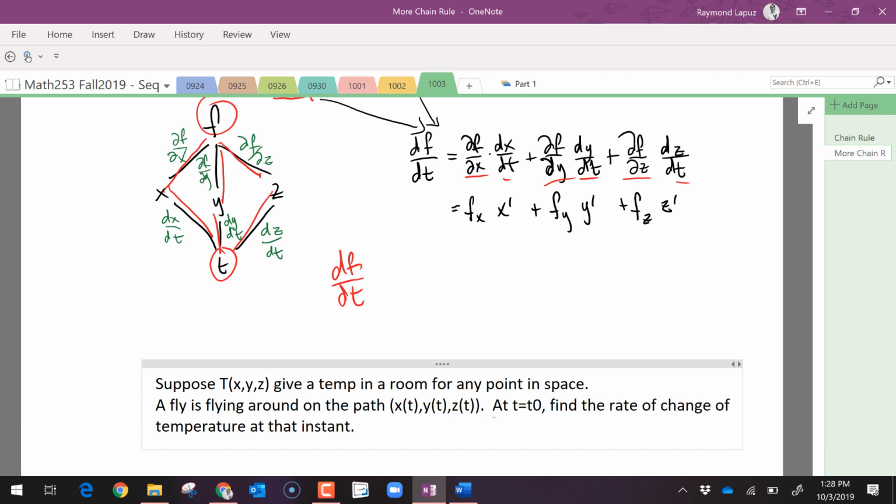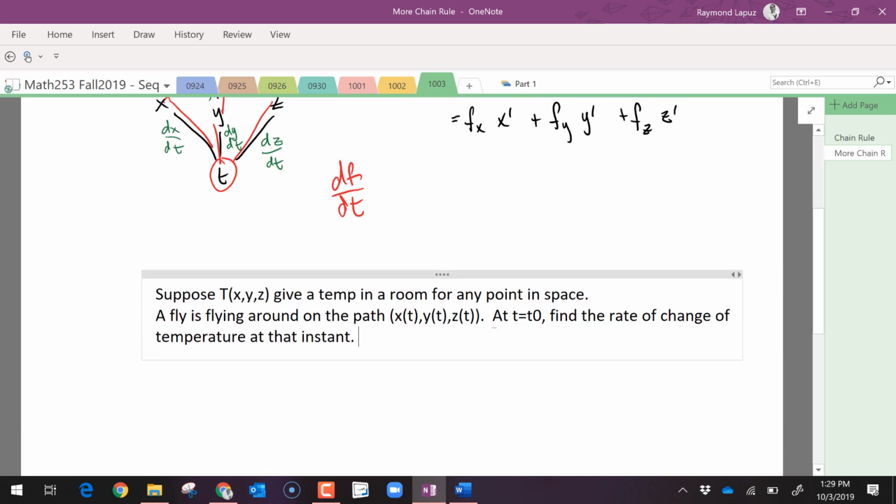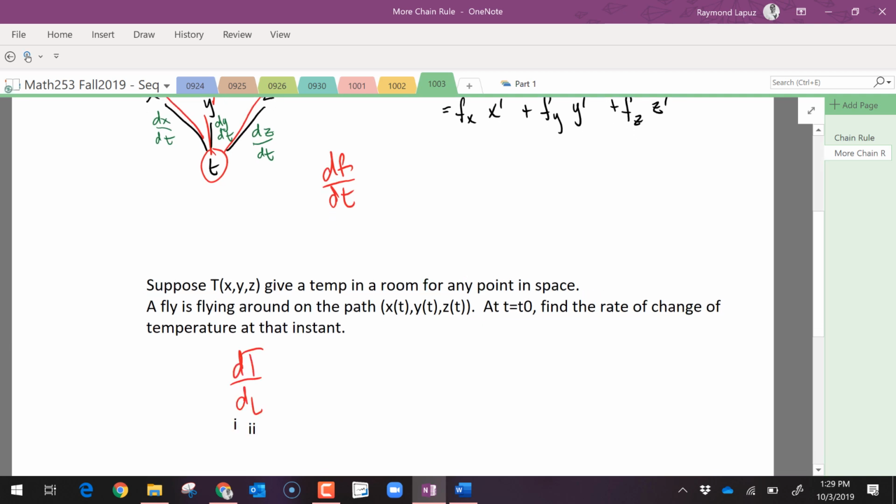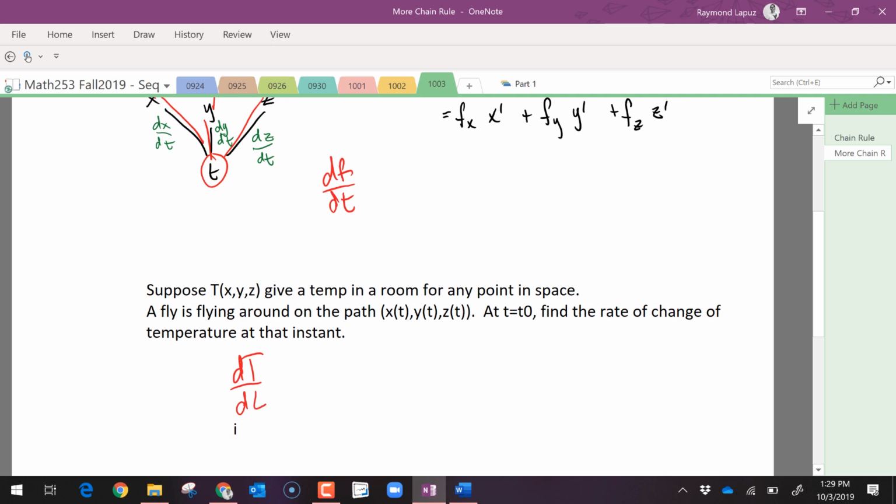So what would that be? The rate of temperature then is dT dt, d capital T, d little t. And then we need to evaluate this at the given value t naught. So that's how we can imagine something like this happening. I think I just made up an exam problem right here.